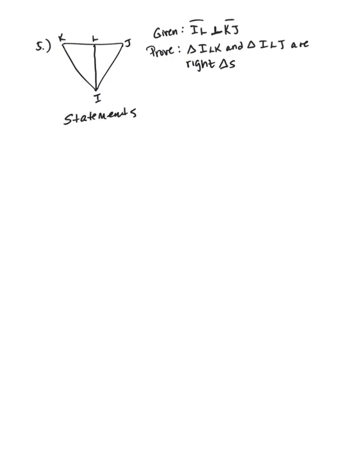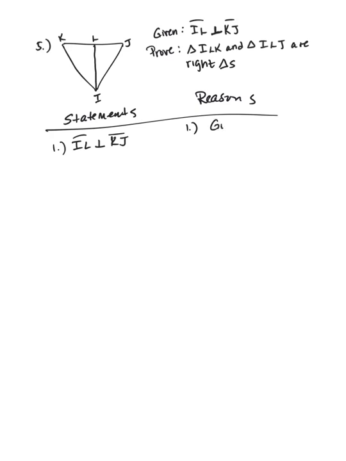So statements, reasons. So this time around I gave you perpendicular, IL perpendicular to KJ. You want to prove right triangles, so you're going to want right angles. So in line 2, you're going to put that you have right angles.